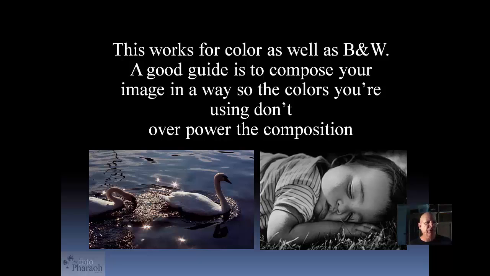Now this works for both color and black and white. But one of the things in color that you should always be aware of is to compose your image in such a way that your color won't overpower your composition. Let me give you an example of this. You're supposed to shoot a photograph of 5 people in a group shot. One guy shows up with a bright red sweater. Well, if you're thinking quickly, you'll take the guy with the bright red sweater and place him in the back row.